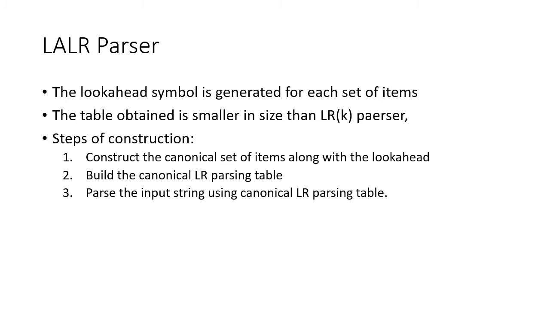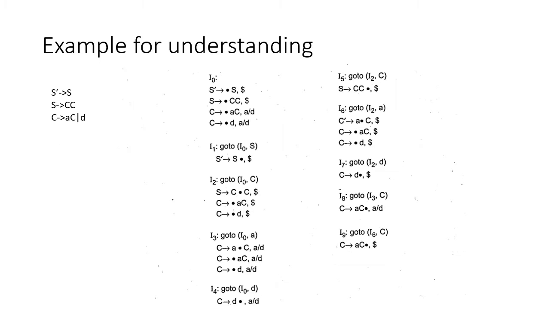The table obtained is smaller in size than the LR parser, and the steps are the same as the LR1 parser. So there is no difference between the LALR parser and the LR parser, but let's understand it through an example.